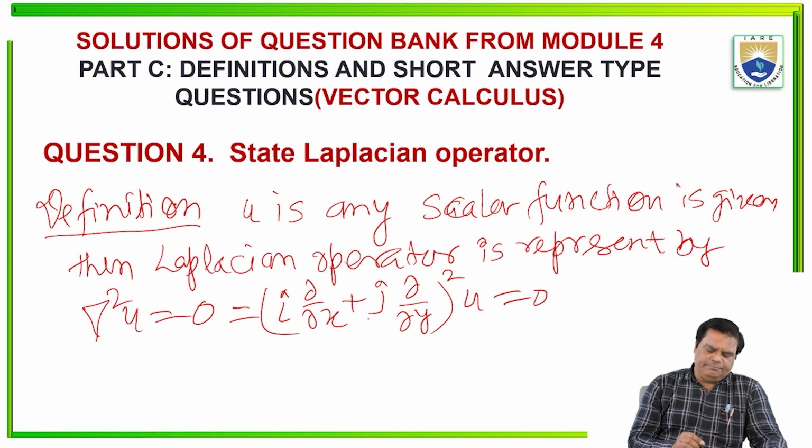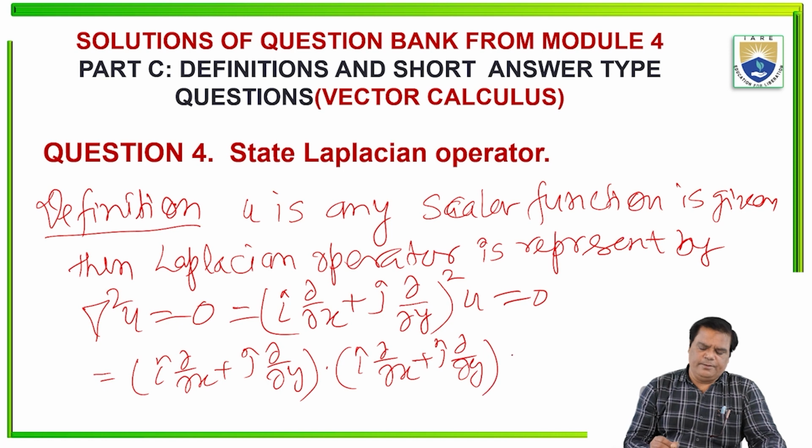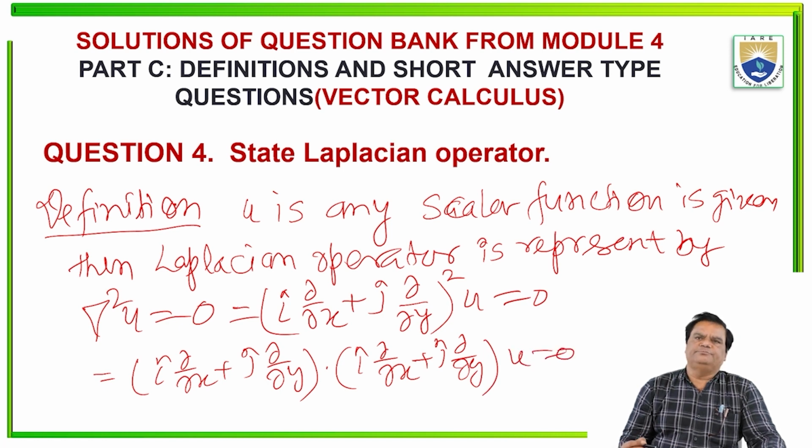So here we write the dot product of this. I am writing (i ∂/∂x plus j ∂/∂y) dot (i ∂/∂x plus j ∂/∂y) u equal to 0.